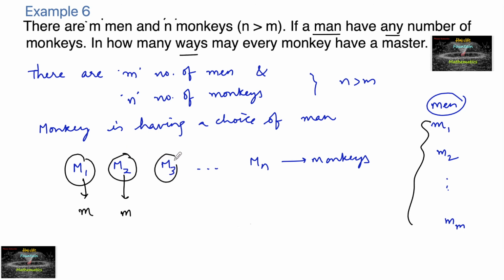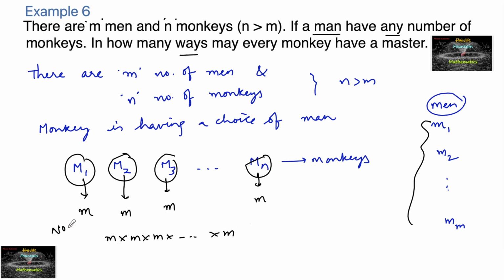So the third monkey is also having a choice of m men, and so on, up to the nth monkey. It's the concept of the number of permutations of m different things taken n at a time, which is m to the power of n by using the formula n power r. Or we can also say the first monkey has m choices and again the second monkey, by the multiplication principle, the fundamental principle of counting.